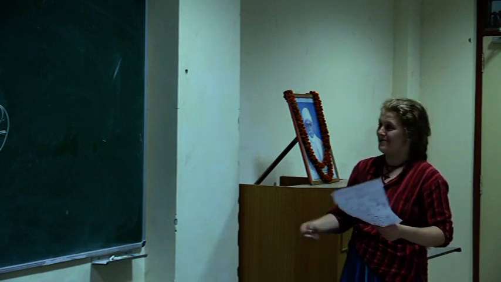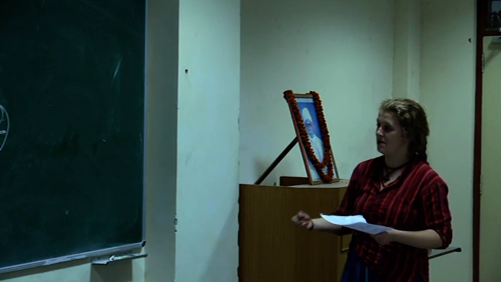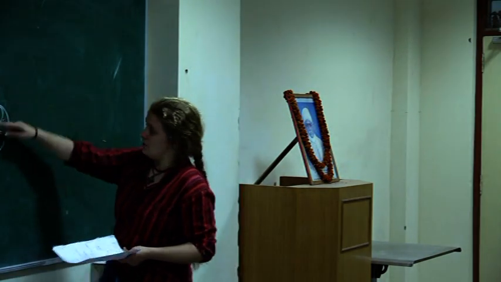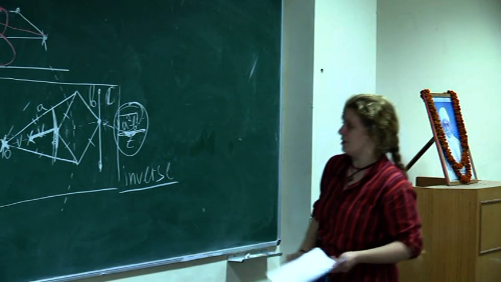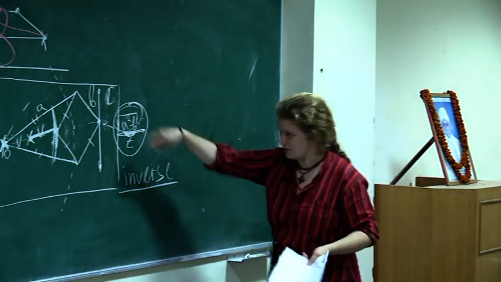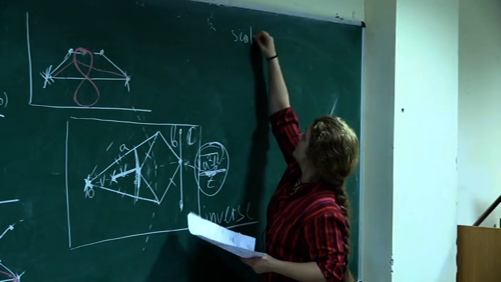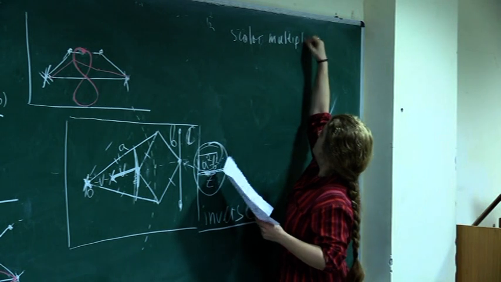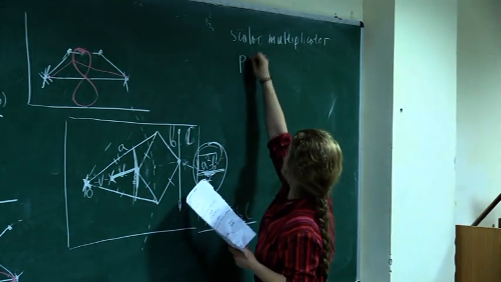So, for example, how with the use of a linkage can we calculate a scalar multiplication? Here we can calculate an inverse, after some adjustments. The next linkage is the scalar multiplicator. It's also called a pantograph.